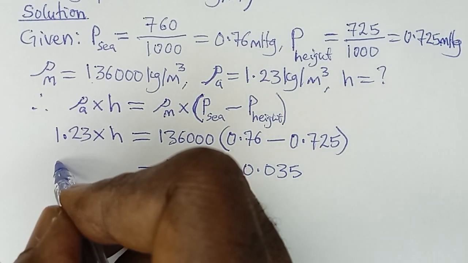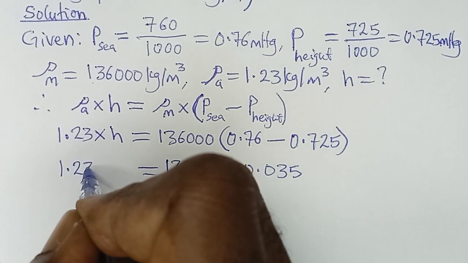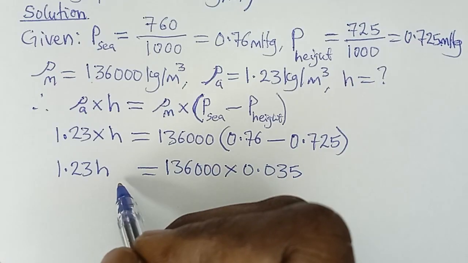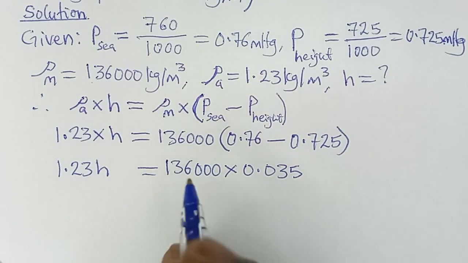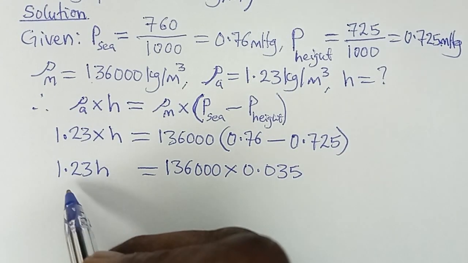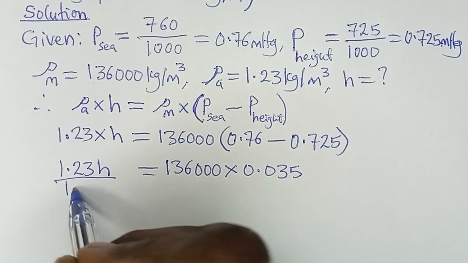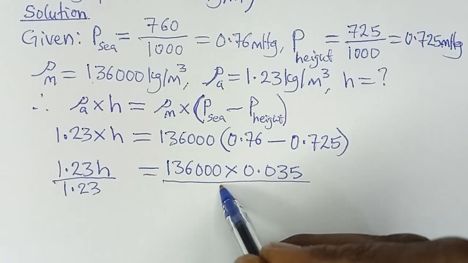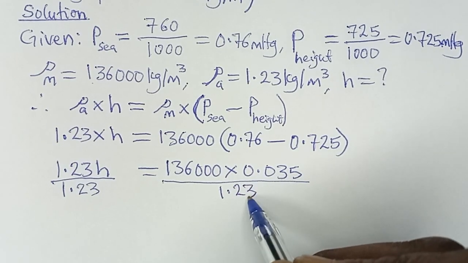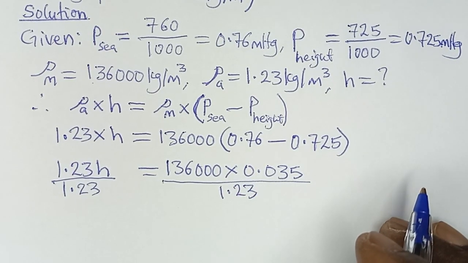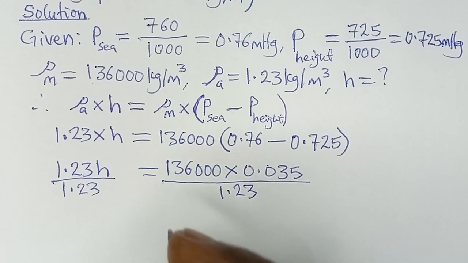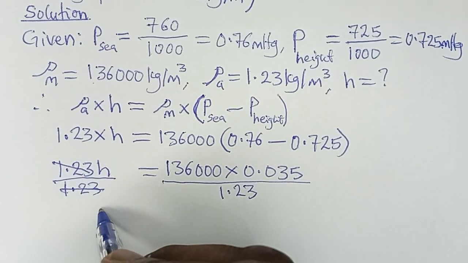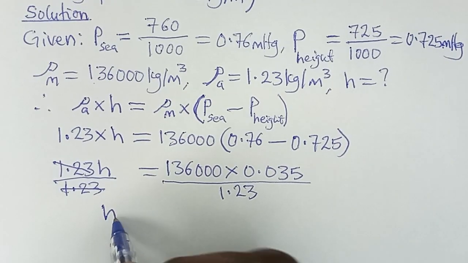So don't forget we have 1.23h here. We are looking for the height, which is h. So I'm going to divide both sides by 1.23. Now this 1.23 will cancel 1.23, and I'm left with the height h.